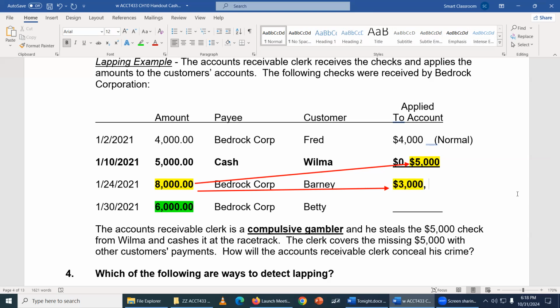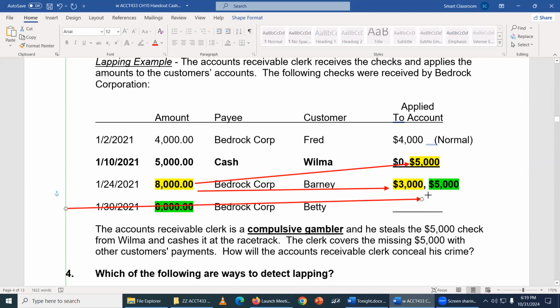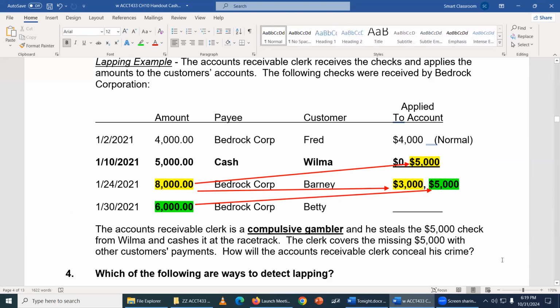5,000. Yep. So now we got to make good on the 5,000. Okay, so we got 5,000.